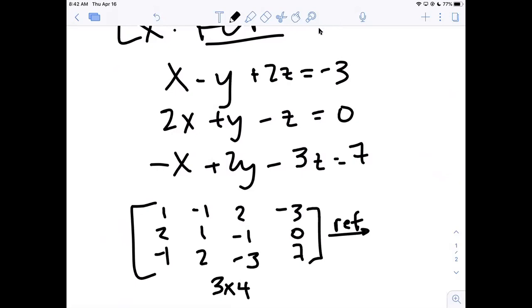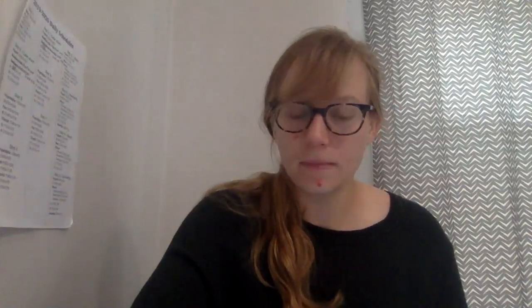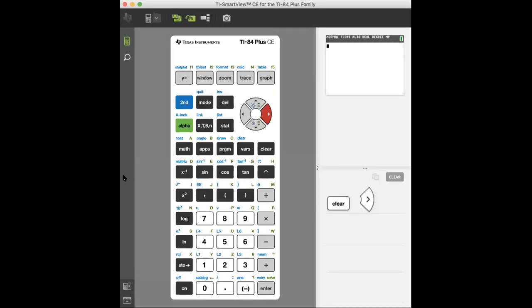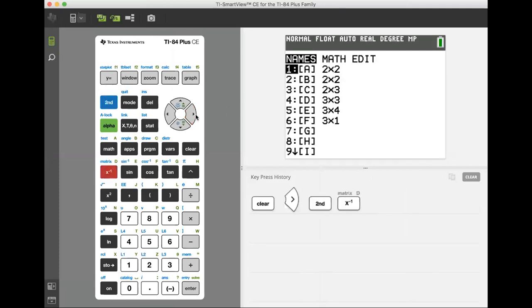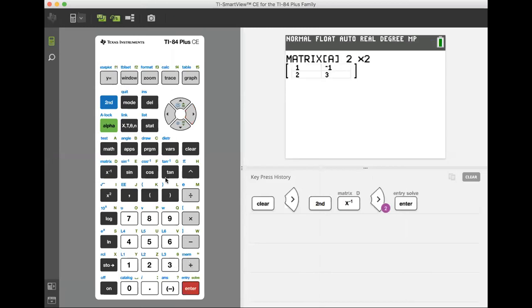Okay. I think I can switch my sharing. Okay. Screen share to my calculator. Share. Okay, here's my calculator. I'm going to go first and edit into my matrix. We'll just make A be a 3x4.